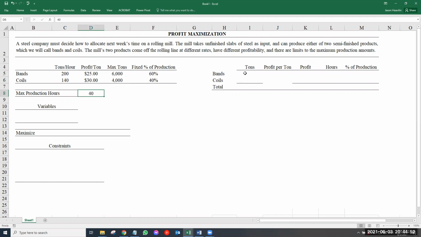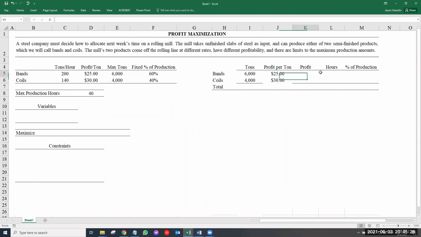So let's see if we were to just quickly calculate with the numbers we have, what will be the profit? How many hours would it take if you maximize production? Typically, if you max all your production, then that will maximize your profits. But let's say we can fit it within the rules. So let's say they do produce the 6,000 tons of bands and 4,000 tons of coil. We do know the profit per ton is $25 for bands, and the profit for a ton of coil is $30.